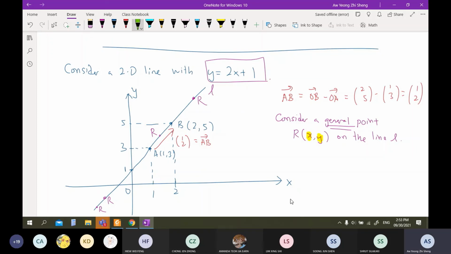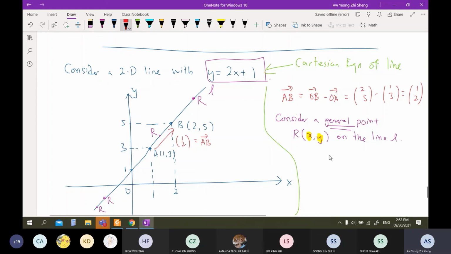This is our usual understanding. This equation is called the Cartesian equation of the line. A Cartesian equation means it's given in terms of x and y. Now let's try to get a vector equation.